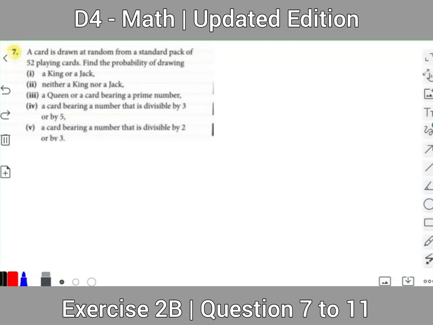So for the probability of drawing a king or a jack, first we have to find out the number of kings and jacks in a pack.